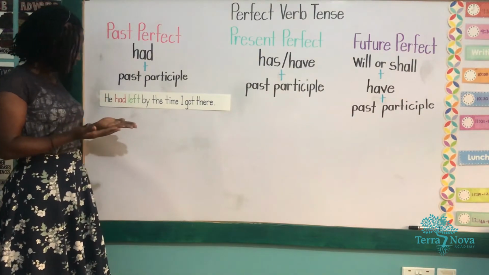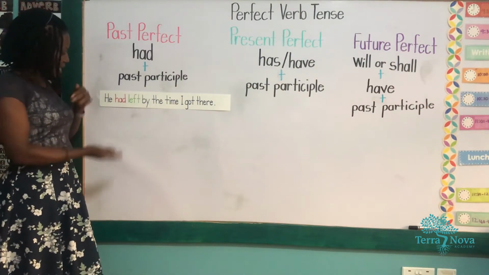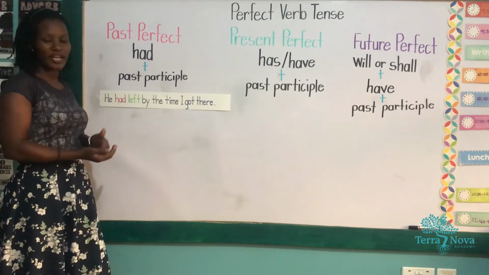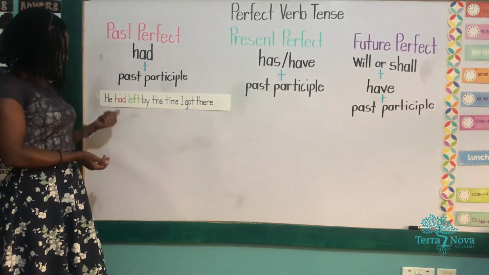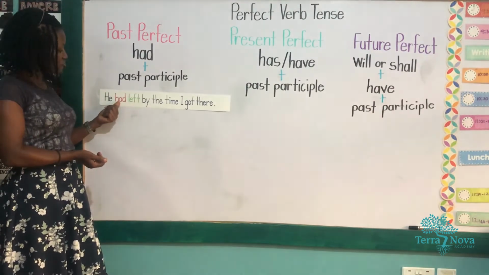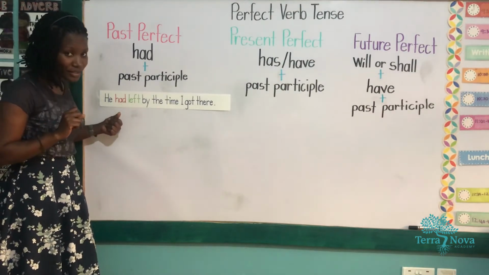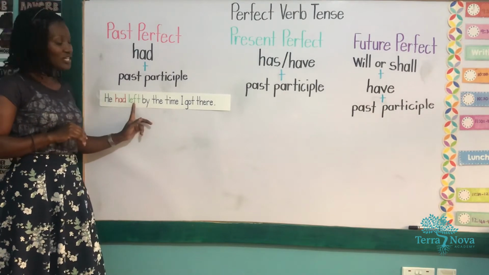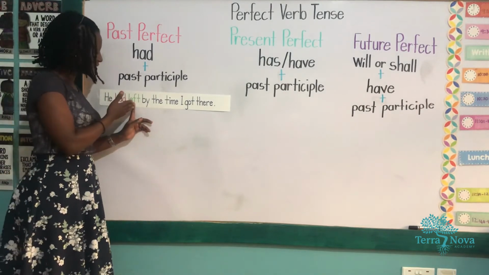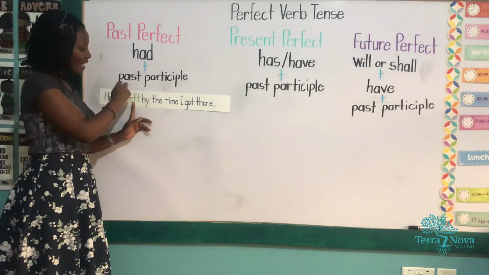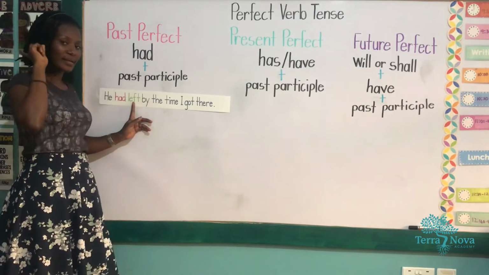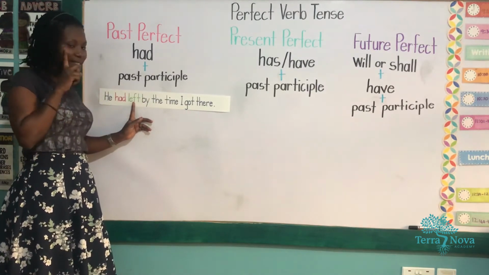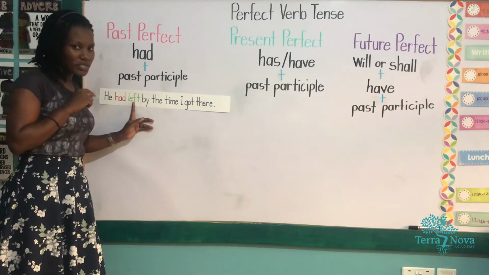Okay? Now let's look at an example. He had left by the time I got there. Had is written in red to show that it is a must use. Okay? Then we have the word left. In this case, left is our past participle that came from which verb?